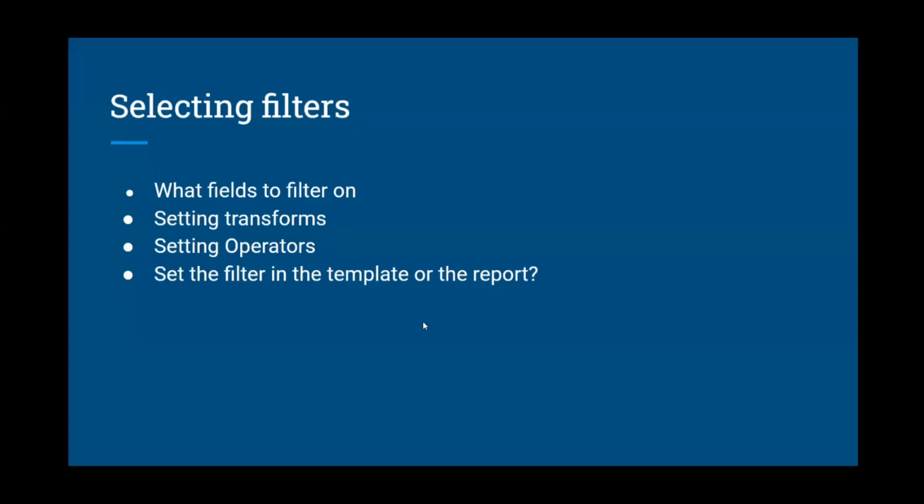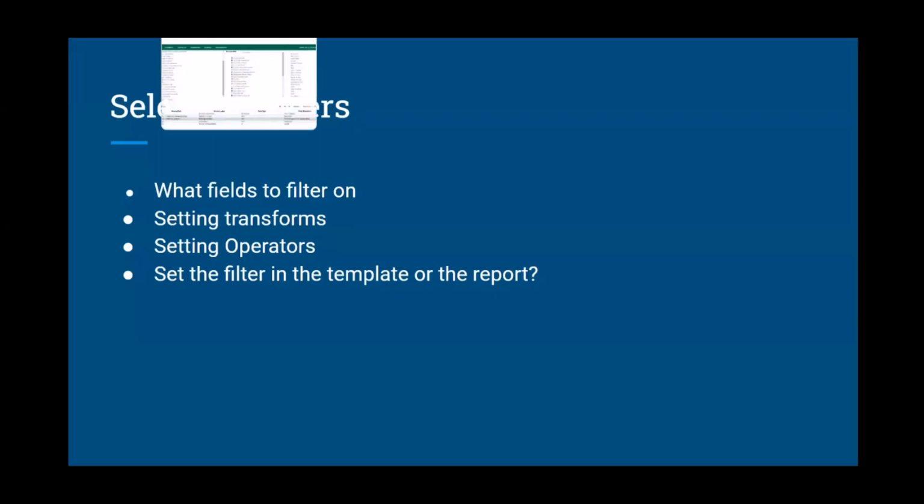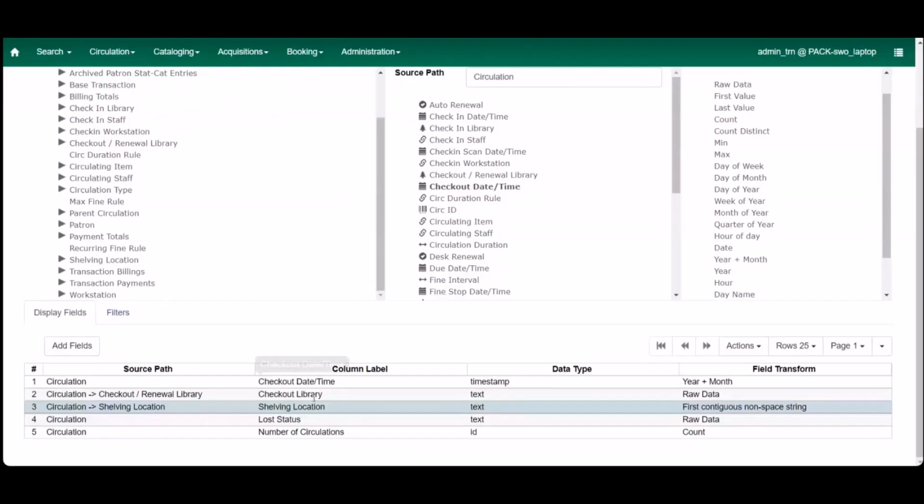We're going to start by determining which fields we actually want to filter on. Just as we started by setting our display fields by thinking about what we wanted our report to look like, in this case, we need to think about the information we're actually interested in receiving back. We know our output is going to include columns for the date of checkout, for the checkout library, for the shelving location, for the status, specifically lost, and for the number of circulations.